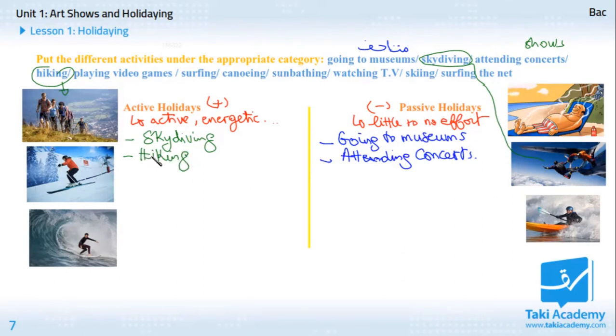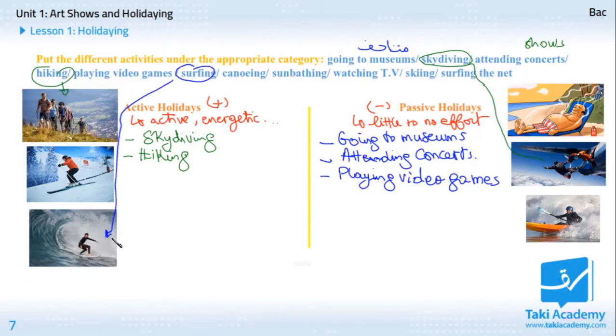Then we have playing video games. Of course, this is absolutely passive. Because you sit on your couch and you merely play video games. You do nothing else. You're making no effort. Then we have surfing. Here we have a girl surfing. Okay, so this is the meaning of surfing.